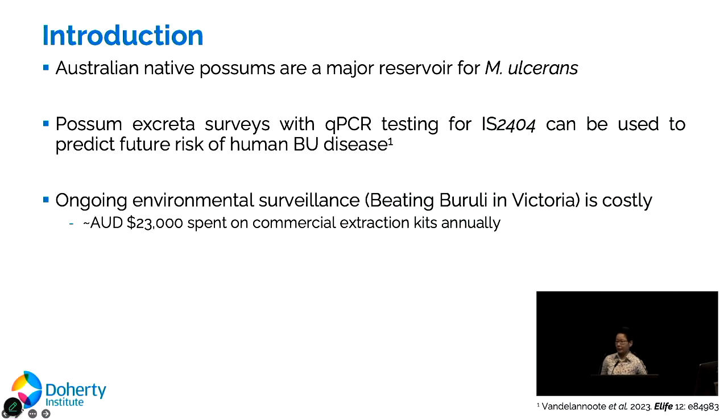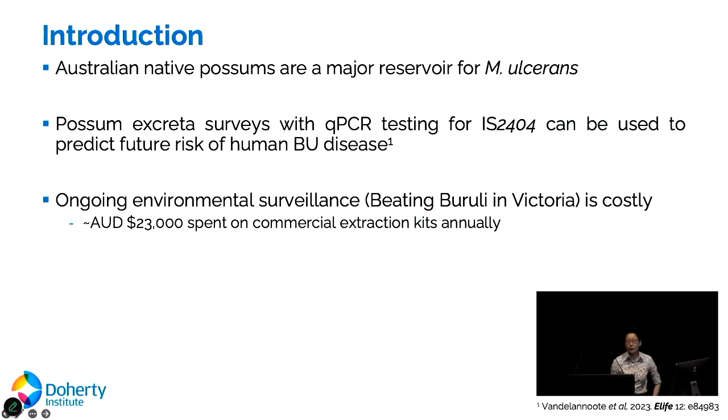So this is going way, way back to basics, so nothing big picture in this. We've heard extensively over the last 2 days that Australian native possums are essentially a major reservoir for M. ulcerans. And we know that possum excreta surveys with PCR testing can be used to predict the future risk of Buruli ulcer disease in an area.